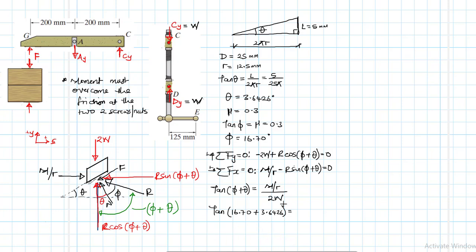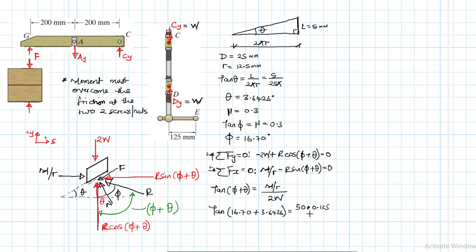So this is equal to 50 times 125 millimeters, which is 0.125.